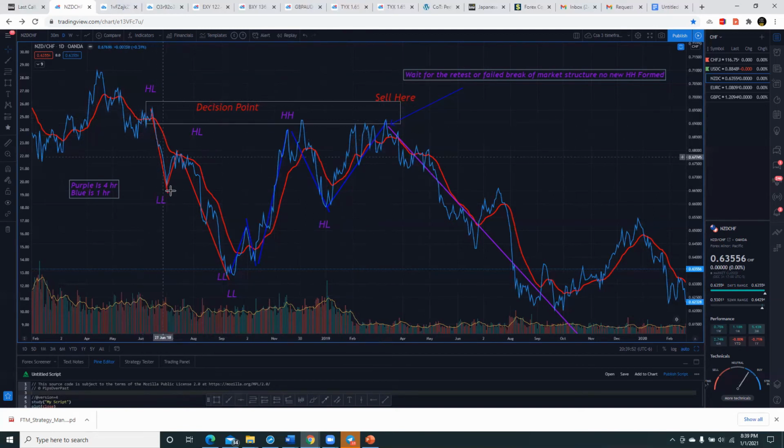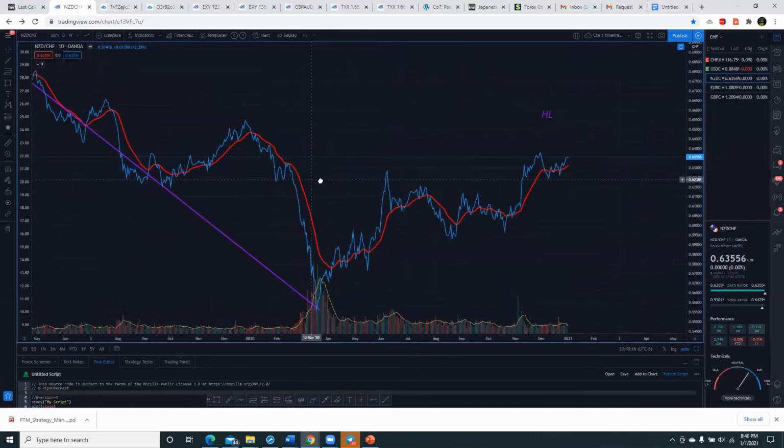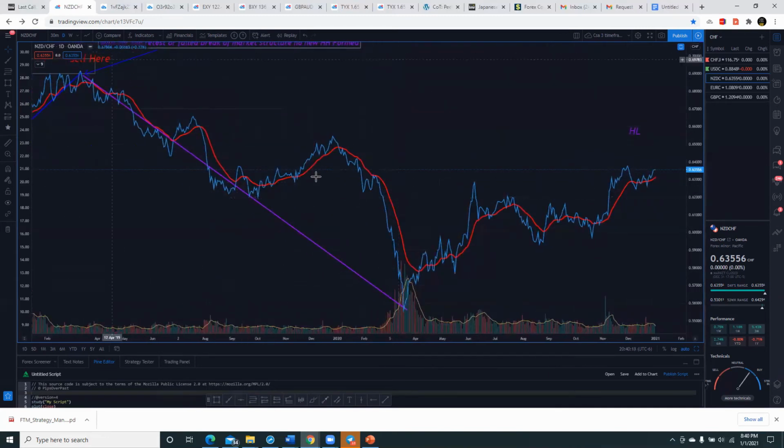So when we get a run down from this higher low, our actual supply zone, institutional players like to come back and retest that level before they make the run to their destination.